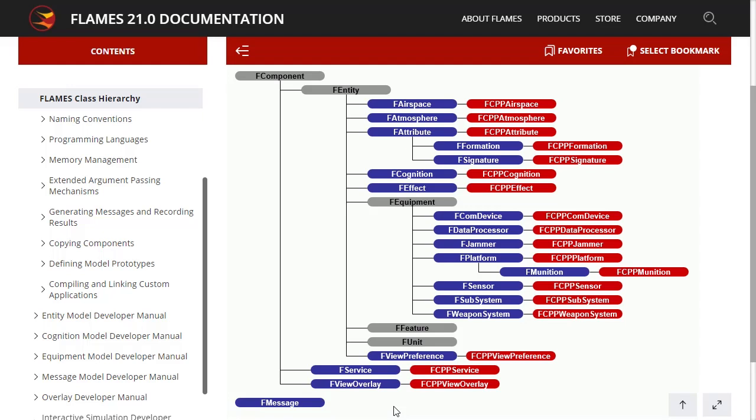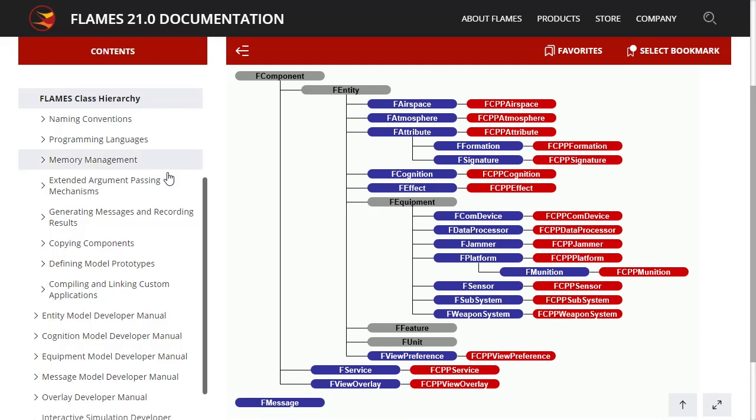Those classes don't have any methods. You don't have anything to implement there, so those are actually written only in C. So that's one of the few types of classes that is written in C. It's really just a data structure that you have to register with Flames, and you put whatever fields in your data structure you want to represent the content of your messages.